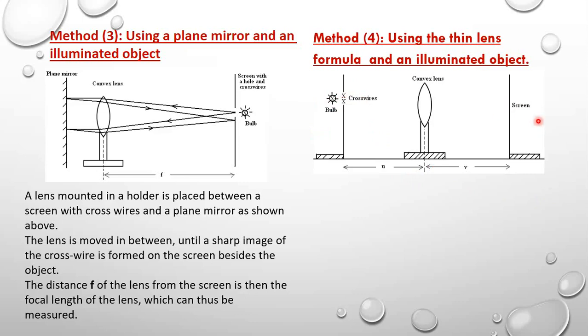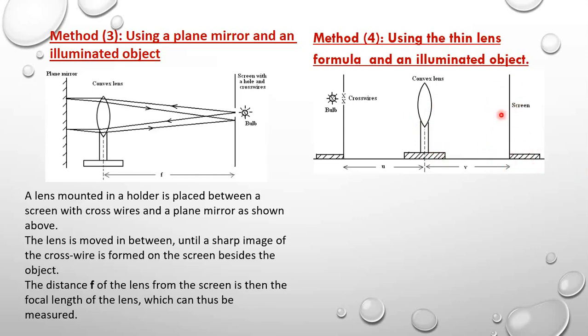Then after that, we are going to move the screen towards the convex lens or away from the convex lens. You can either move it towards or away, depending on how the image is being formed.